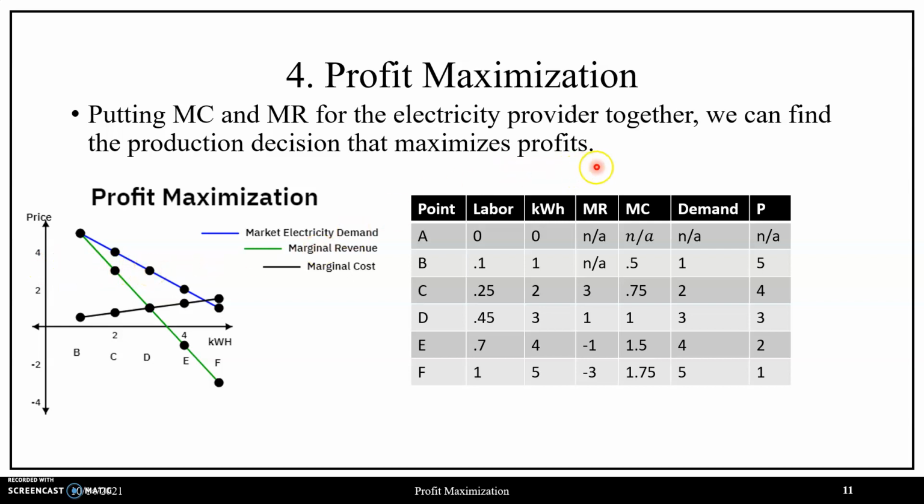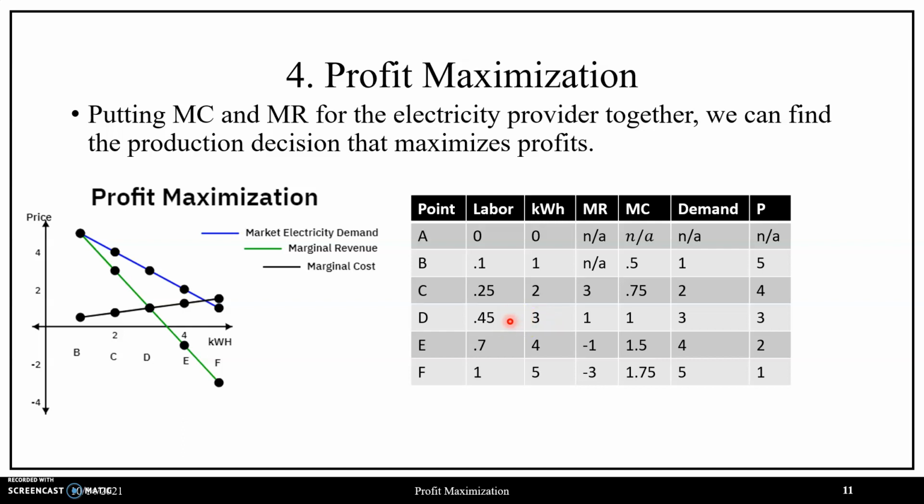So what's going on in terms of our table representation? Profits are maximized when marginal revenue is equal to marginal cost. That once again occurs at point D, as we saw in the graph. Marginal revenue is 1, marginal cost is 1. The monopolist then uses this to determine the output level, in which case this is going to be 3 units of electricity in kilowatt hours, in which they use 45% of their labor force.